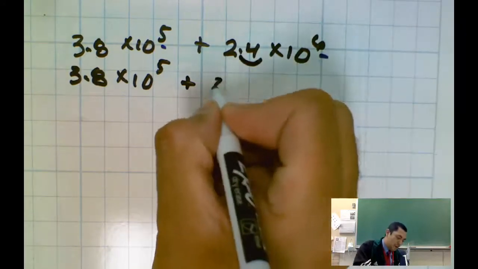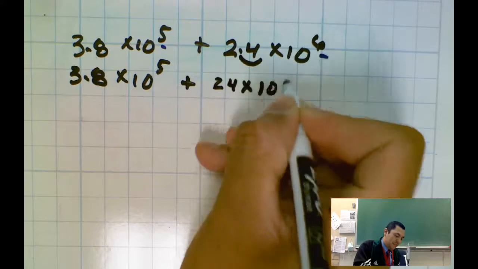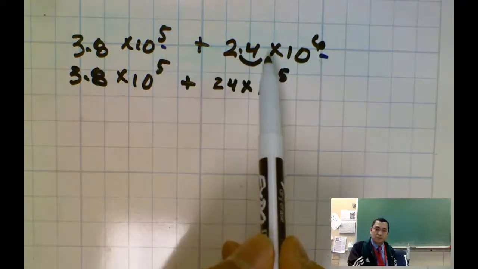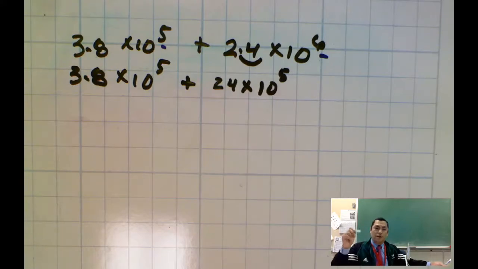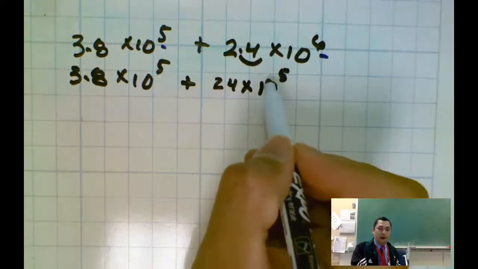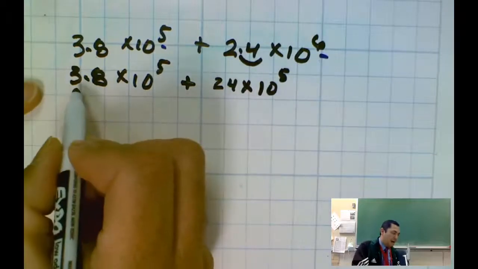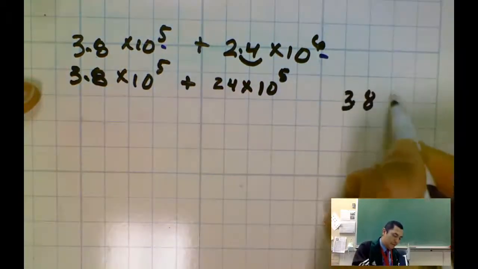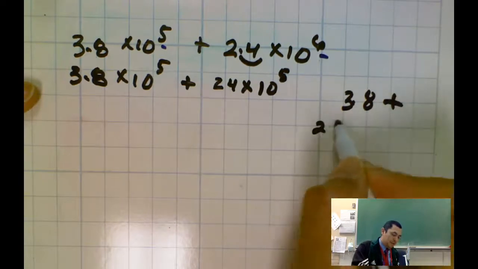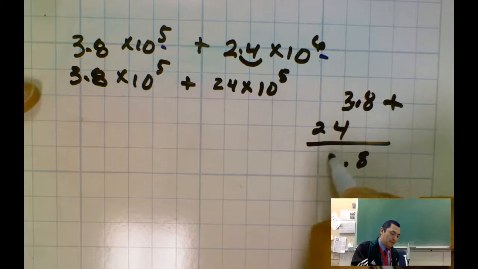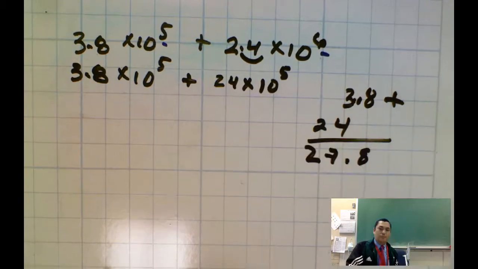So I had 24 times 10 to the 5th power. See, I just moved 1 to the right. Remember that if you move it to the right, you get negative. So from 6 becomes 5. So now I can add, in this case, 3.8 plus 24. So you have 27.8.